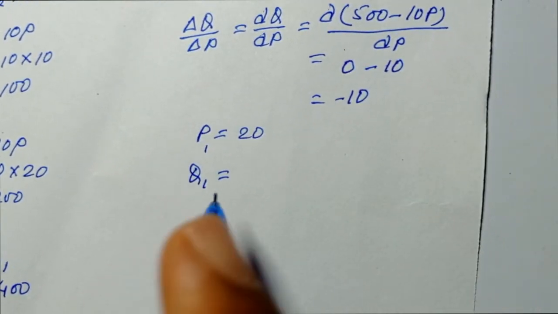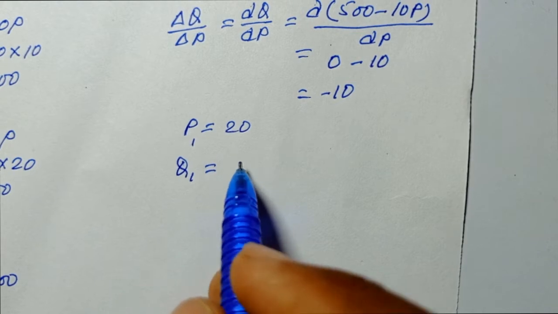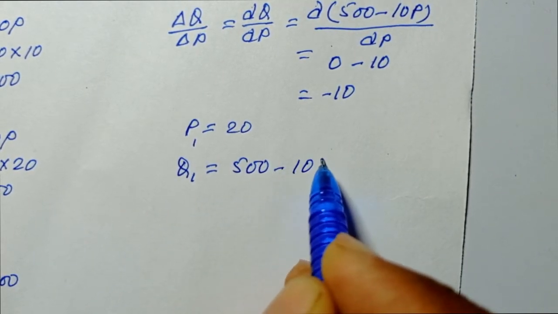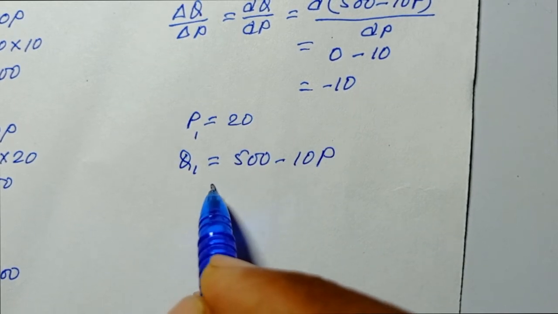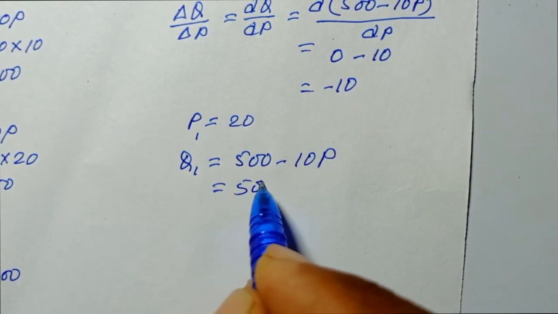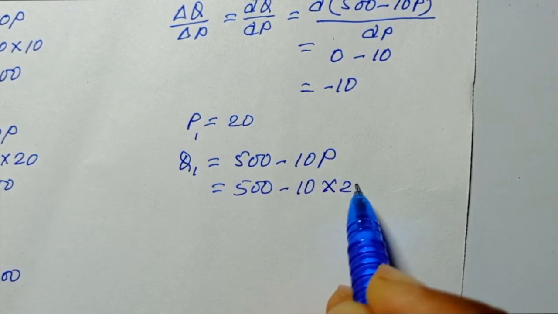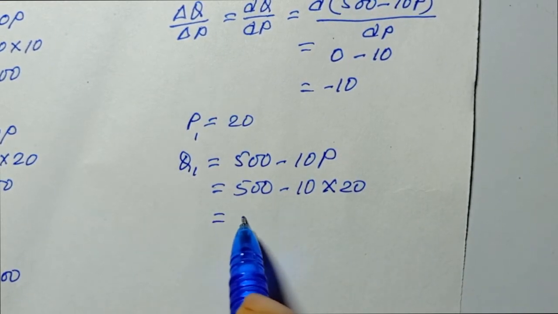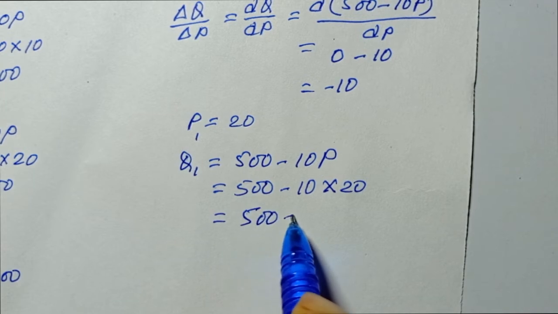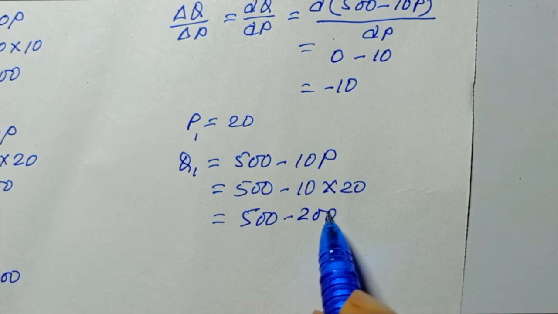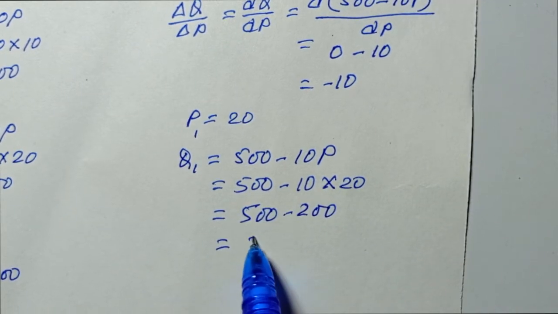And again, if you like, you can calculate q1 = 500 minus 10p. Here, 500 minus 10, you should write 20 in place of p, and then 500 minus 200, and here 300.